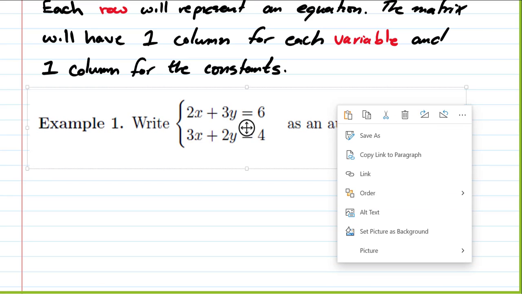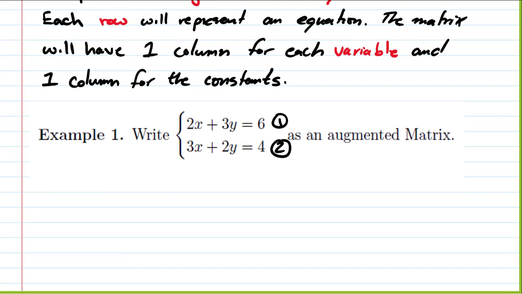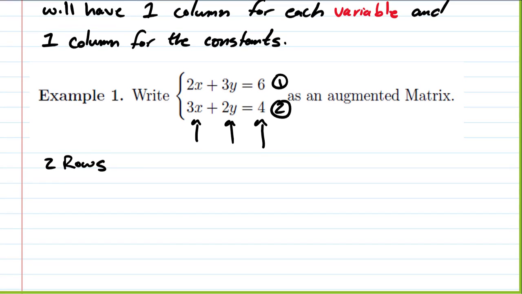Our definition says that we will have one row for each equation. We have 2 equations, so our matrix is going to have 2 rows. And then we get one column for each variable and one column for our constants. So we're going to have 3 columns.